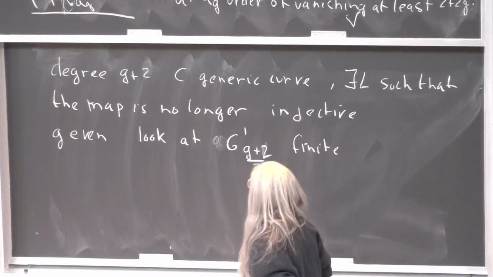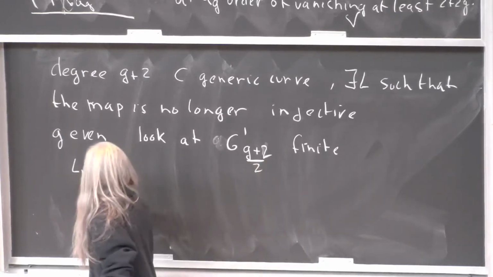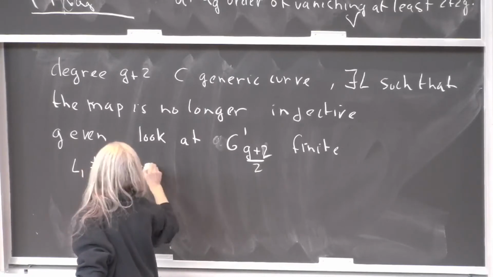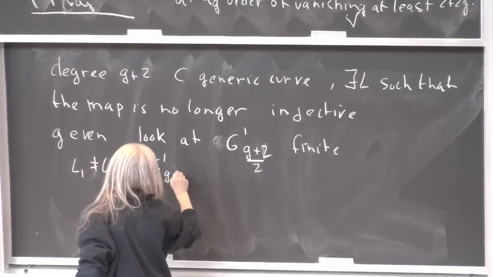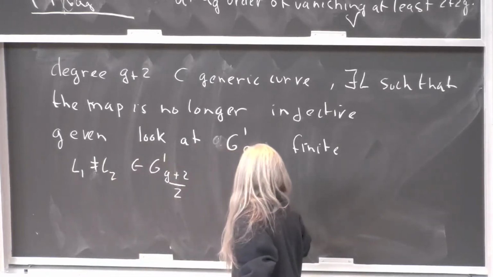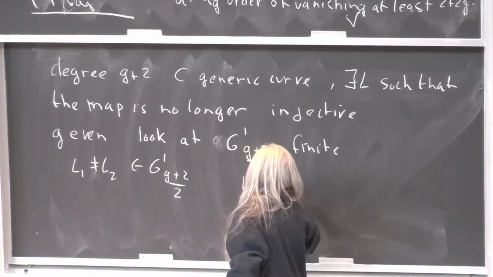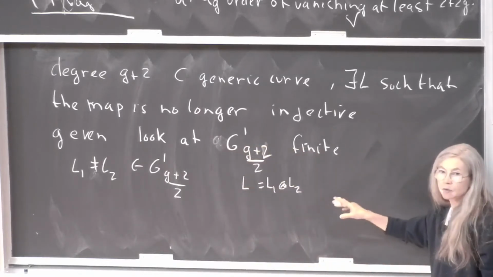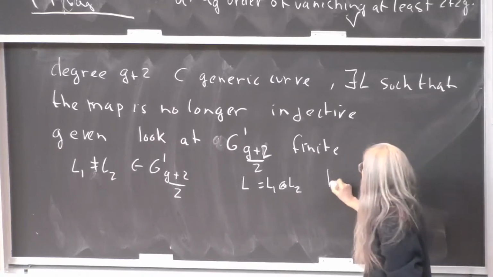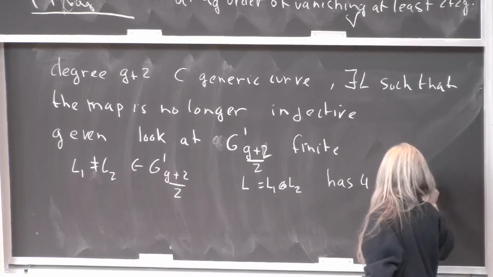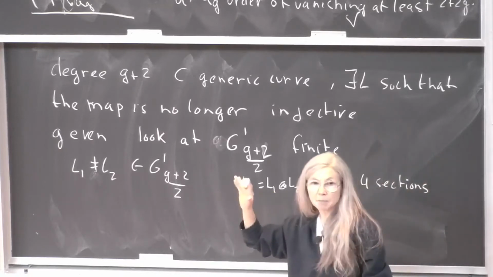So I take two different ones, L1 and L2, in G^1_{(g+2)/2}. And then I take L to be L1 tensor L2. And my claim is that L has 4 different sections. It's not hard to prove that it has exactly 4 sections, but there are 4 sections which are pretty obvious.